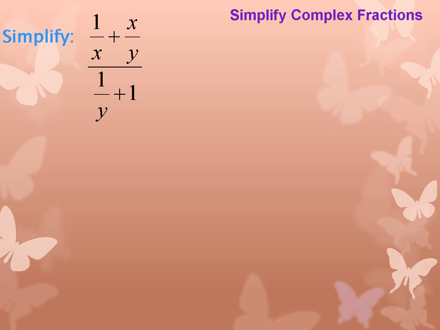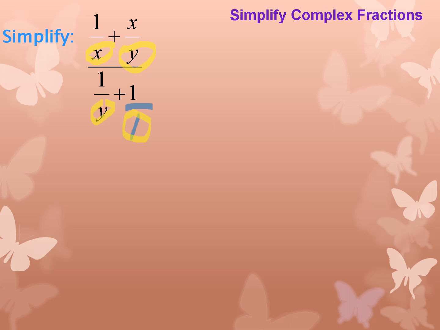So when looking at this problem, we've got to look at all denominators. This one has a denominator of 1. We want to find the least common denominator of all of those denominators: x, y, y, and 1.